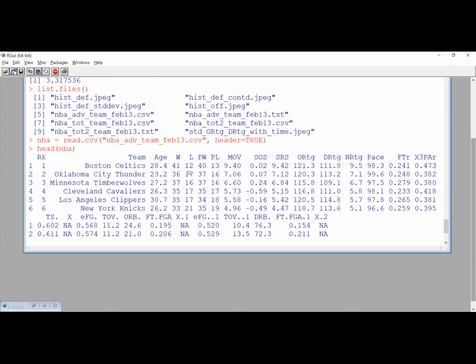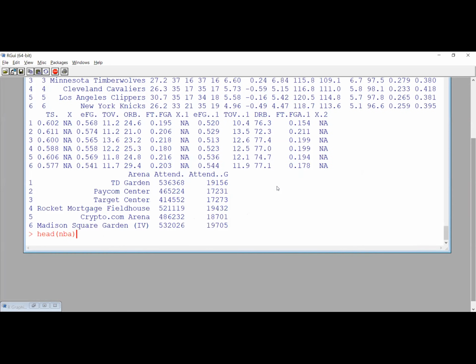So okay, let's now get rid of everything except team, offensive rating, defensive rating, and just see how to do these. So let's just keep a reduced version of it.